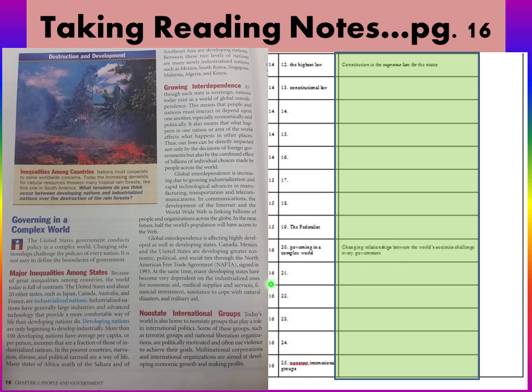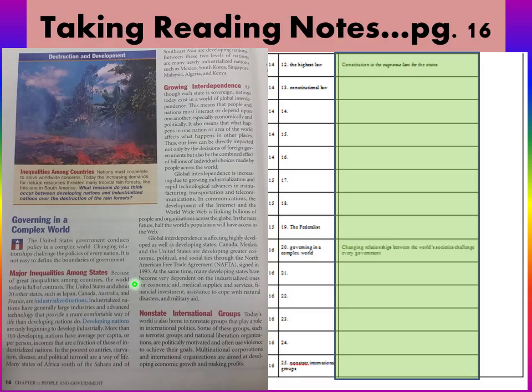Okay, number 21. You are looking for major inequalities among states. So what are these inequalities is a question you could answer in your details. What are these inequalities? So let's read. Because of great inequalities among countries, the world today is full of contrasts.